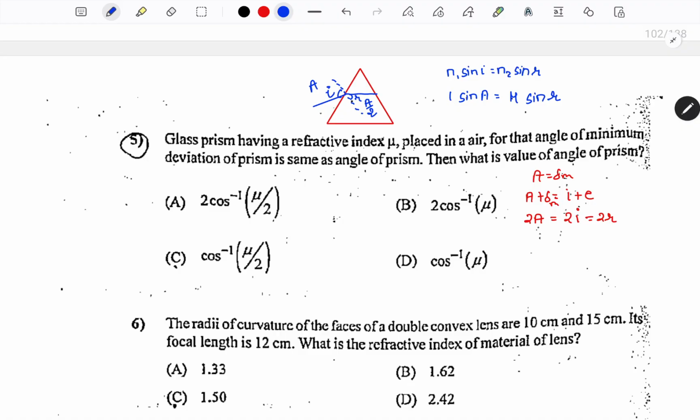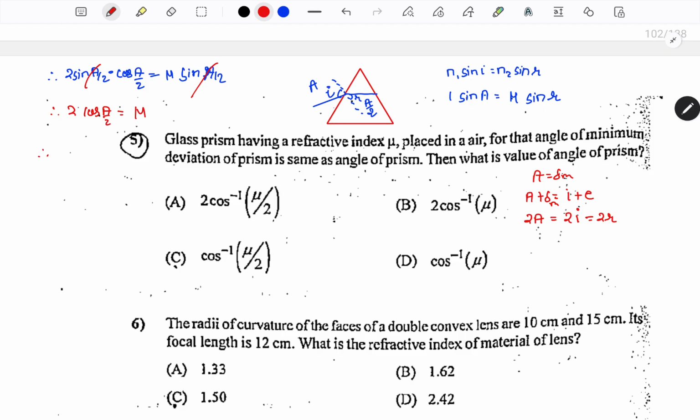Now solving this equation, we get 2 sin A/2 cos A/2 is equal to mu sin A/2. Why A/2? Because r is equal to A/2. So this will be cancelled, and therefore 2 cos A/2 is equal to mu.